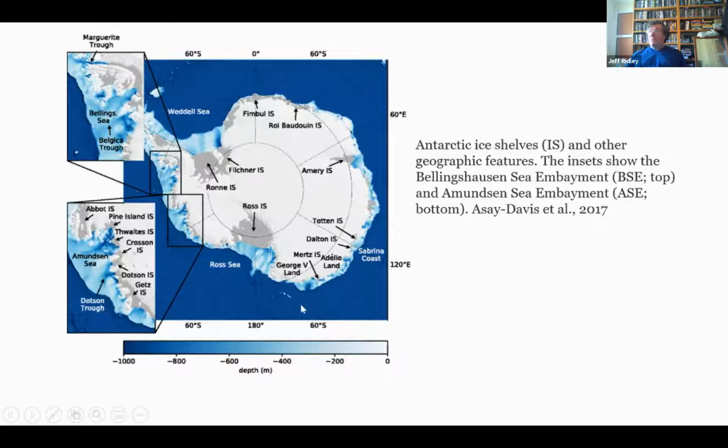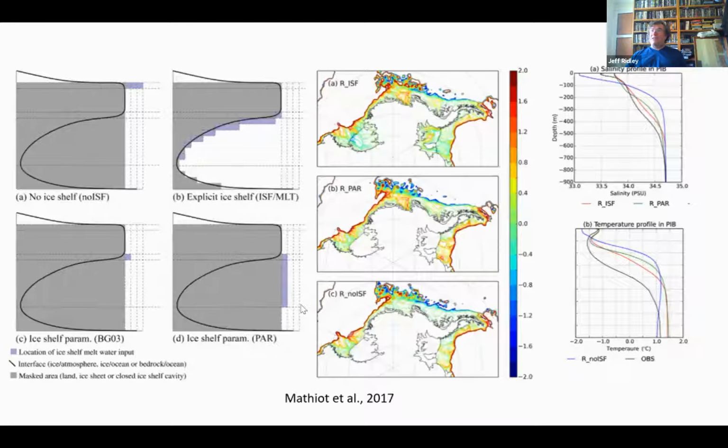So what do we need to consider with ice shelves? Why should we have explicit ice shelves in the model? And on the left here, we've got different ways of parameterizing ice shelves, as well as the explicit ice shelf parameterization.